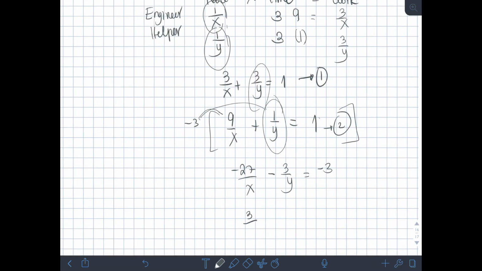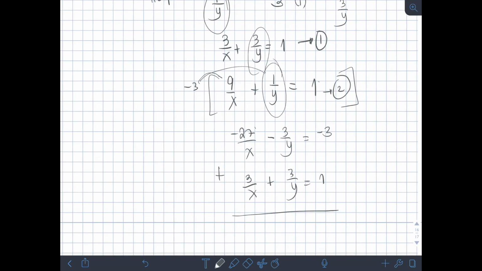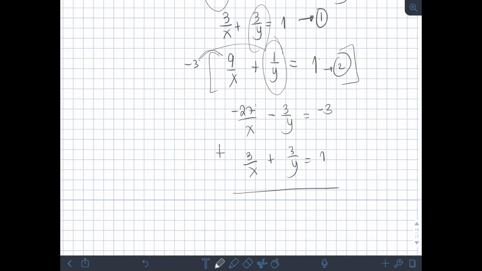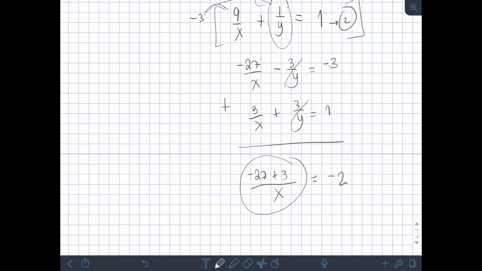And then, i-add natin doon sa original equation 1. So, we have negative 27 over x plus 3 over x is simply negative 27 plus 3 over x, right? And then ito, cancel. So, equals negative 3 plus 1 is negative 2. Simplify natin ito. Negative 27 plus 3 is negative 24 over x is equal to negative 2.